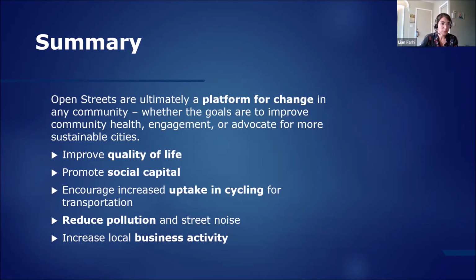In general, open streets could provide a community improvement of quality of life and more public space, promoting social capital. On the more recreational open streets, we're talking about cycling and encouraging cycling as a form of transportation. By closing the street for vehicular traffic, we're also helping with climate change goals, reducing pollution and street noise, and increasing business activity and supporting local businesses.